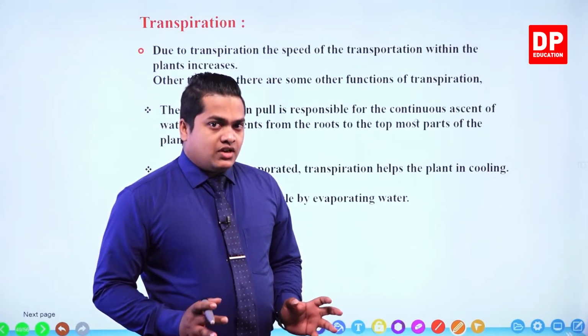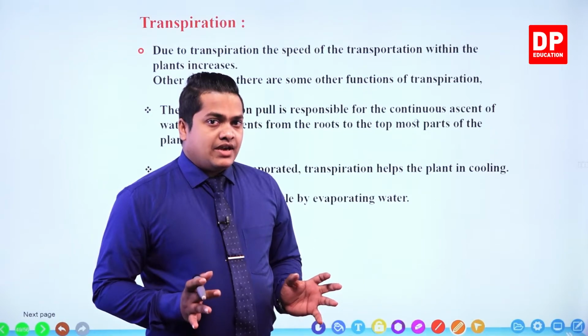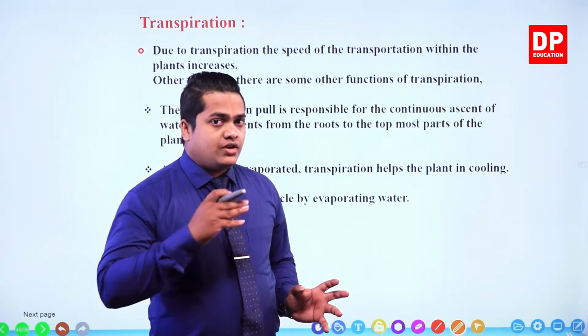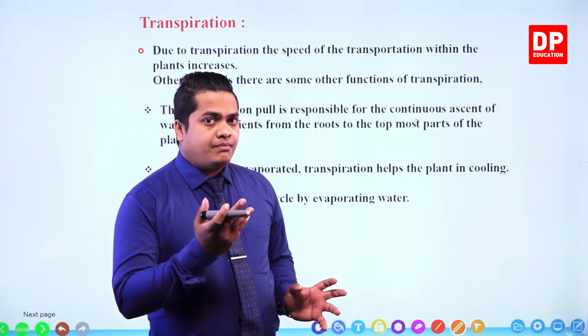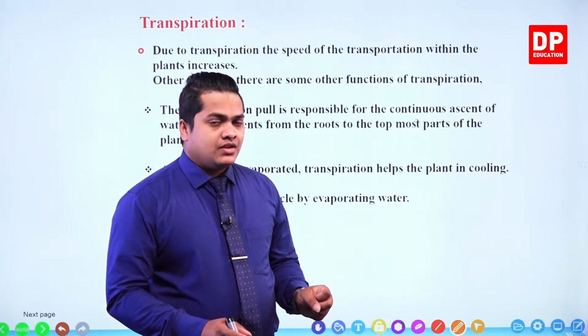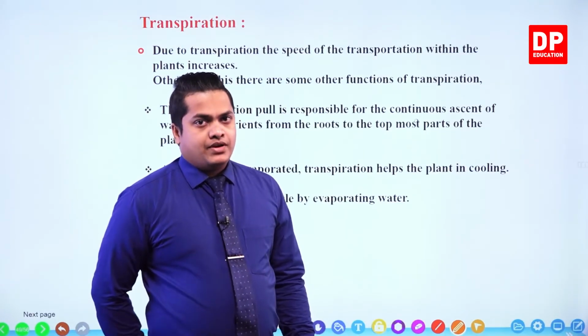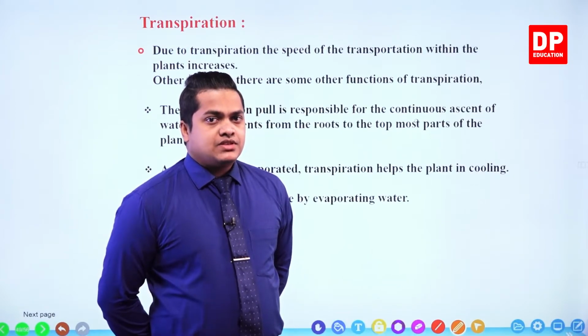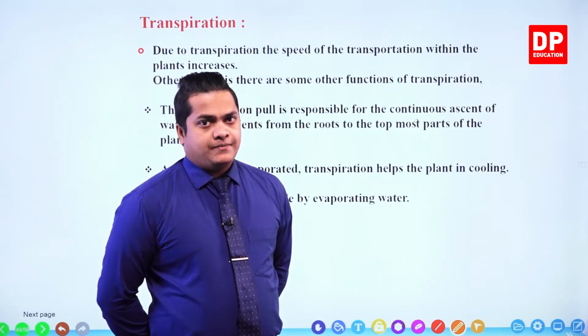The water absorbed by the plant roots has to be transported to the upper parts of the plant body. The transpiration pull helps in transporting these substances to the upper part of the plant body.